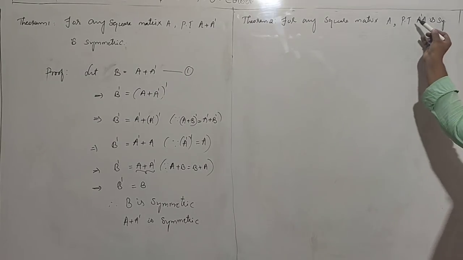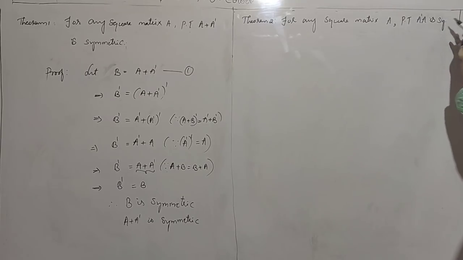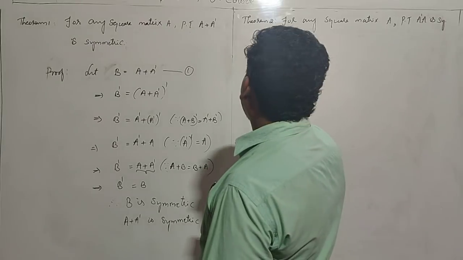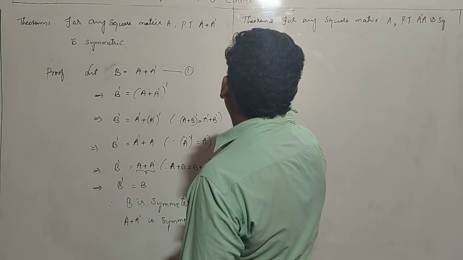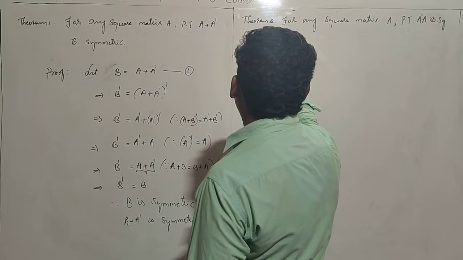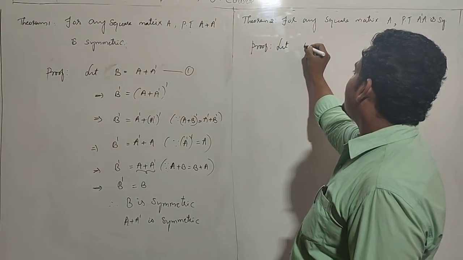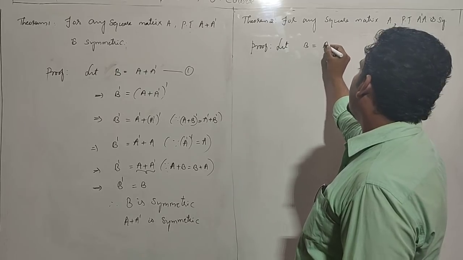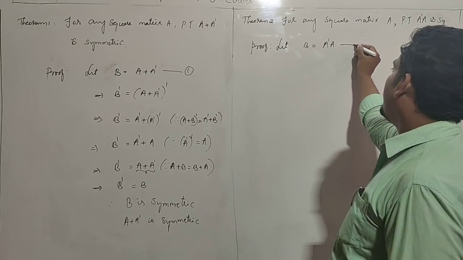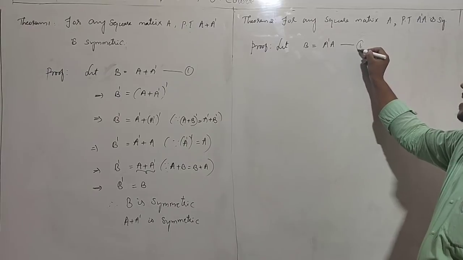We need to prove A transpose into A is a symmetric matrix. Same procedure. Proof. Let us take A transpose into A as one matrix B. B equal to A transpose into A. Take it as equation number 1.